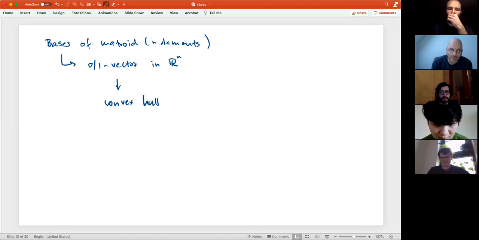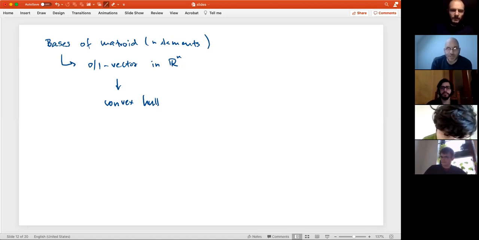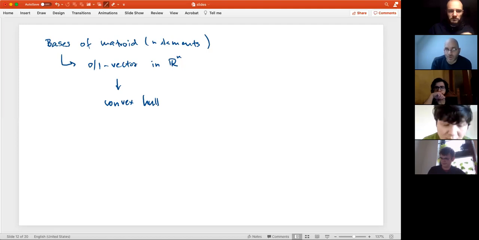Or there's another construction where you can... well, there's sort of a general construction that many of you have seen, where you take a polynomial in several variables and look at the support of this polynomial.